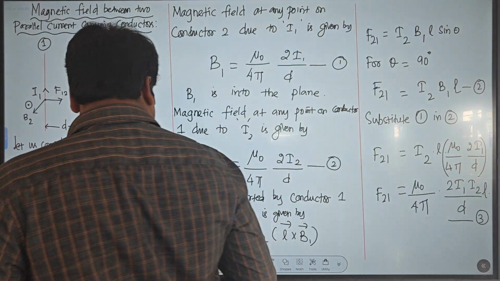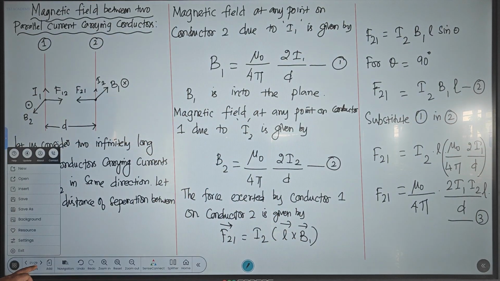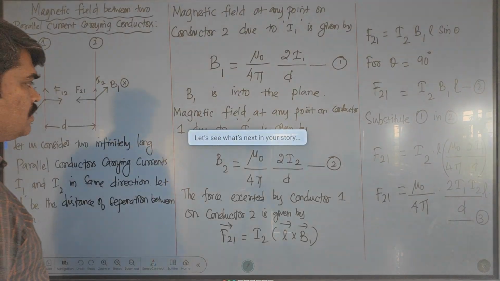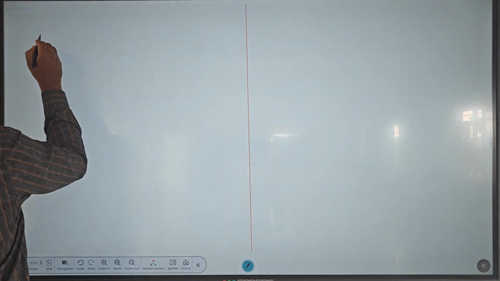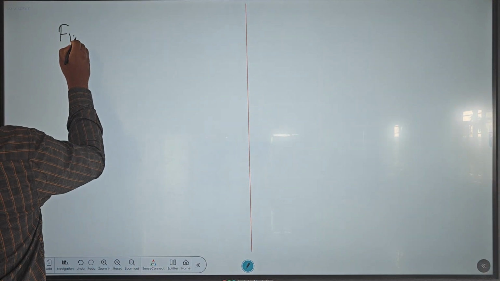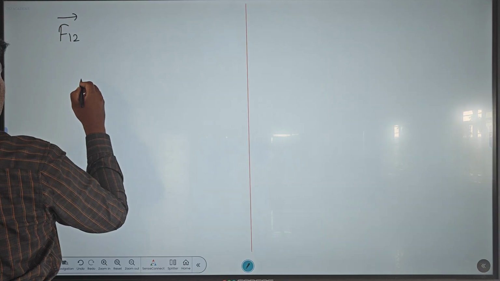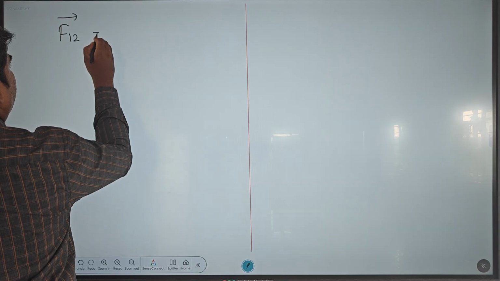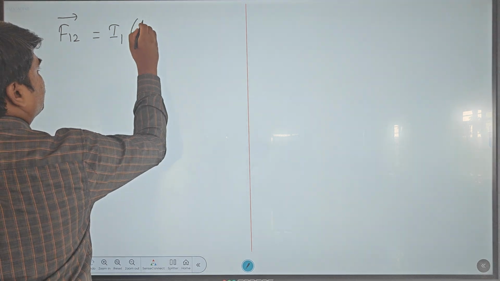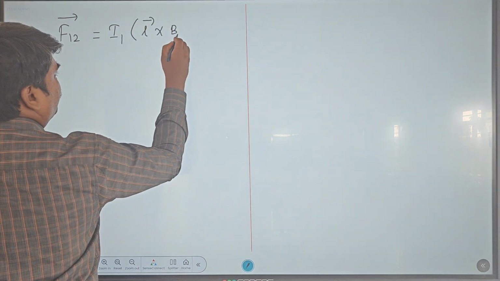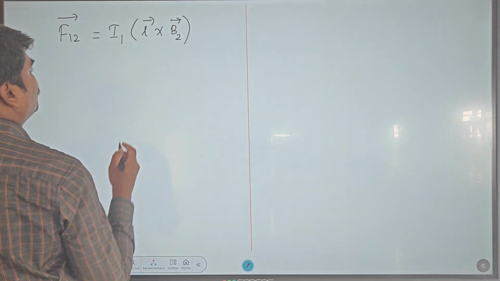So continuing like this for the other force. Now the force F12, that is the force on conductor 1 due to conductor 2, will be equal to the current flowing through conductor 1 times L vector cross B vector of the magnetic field of conductor 2.